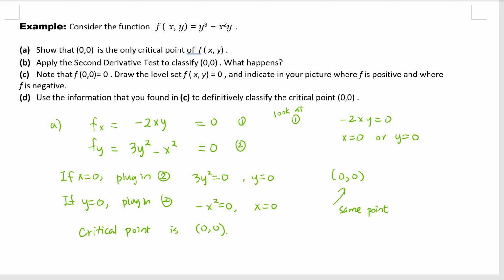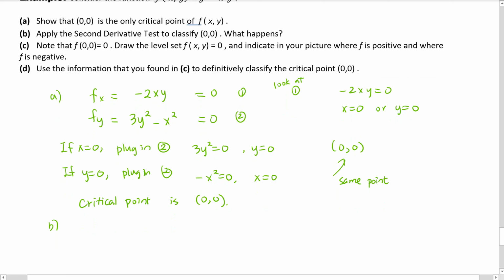That is part A. Part B: apply the second derivative test to classify (0, 0). Let's find fxx. The derivative of negative 2xy with respect to x is negative 2y.